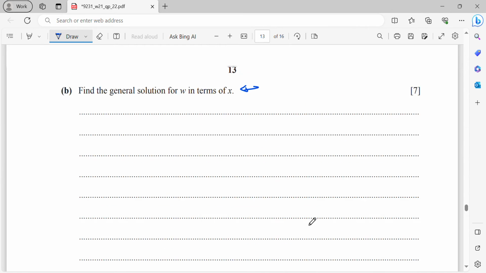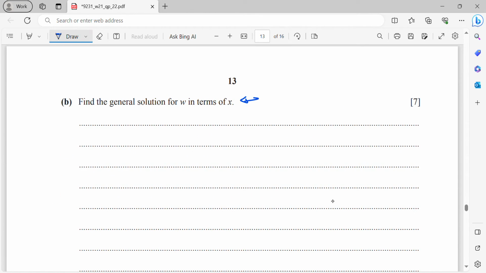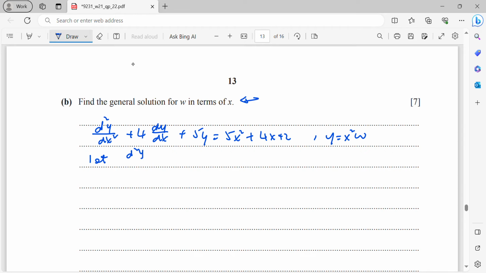So now I have to solve this, right? d squared y over dx squared plus 4 dy over dx plus 5y equals to 5x squared plus 4x plus 2, whereby the y is x squared w. So now I will let right side be 0.